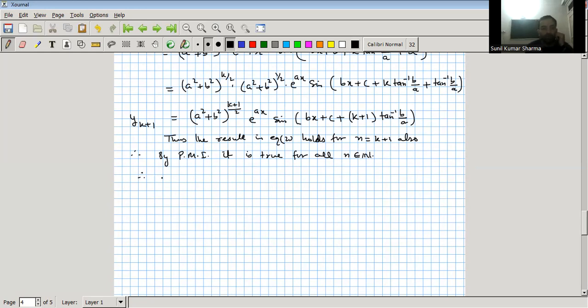Therefore, if y is equal to e to the power ax sin (bx plus c), then yn is equal to (a square plus b square) to the power n by 2, e to the power ax, sin (bx plus c plus n tan inverse b by a).